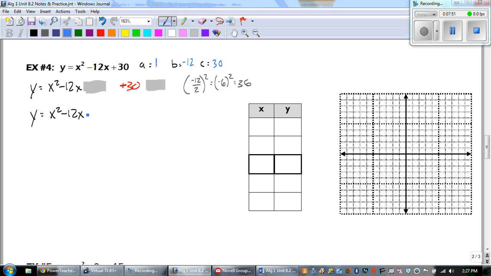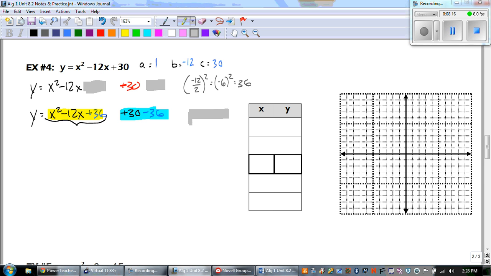That's where we're adding the 36. And then this is our work that's off to the side, the positive 30 minus 36. So now we have the two parts. And then the yellow, this is the one that we factor.